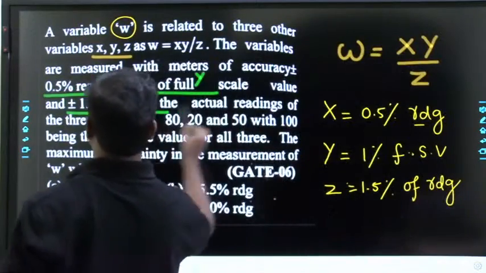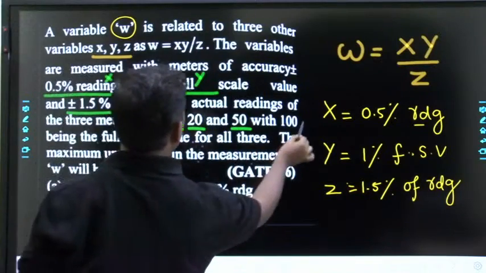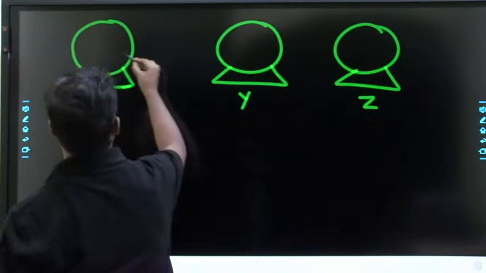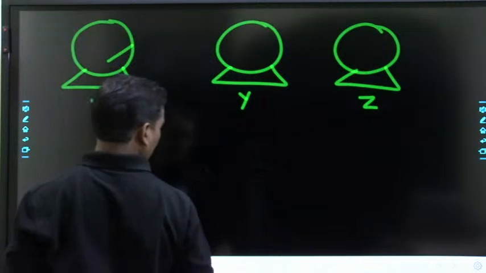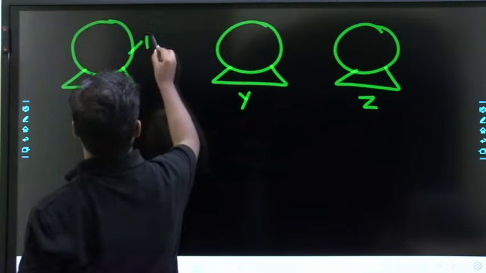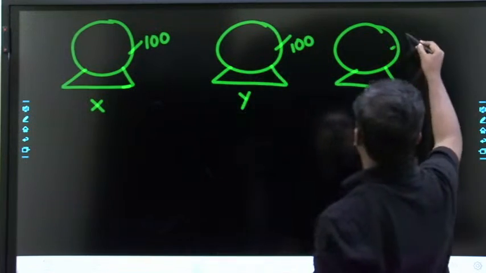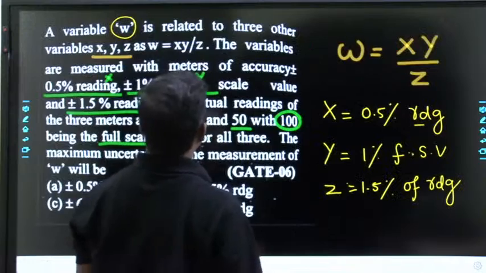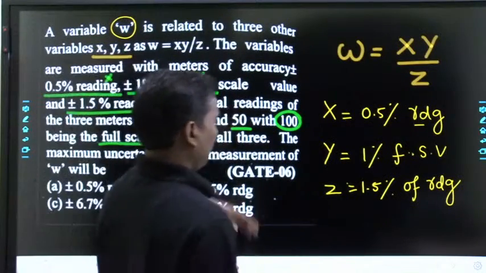The actual readings of the 3 meters are 80, 20, 50 with 100 being the full scale reading. So for all, the full scale is 100. And the meter readings, if you check, are 80, 20, 50.